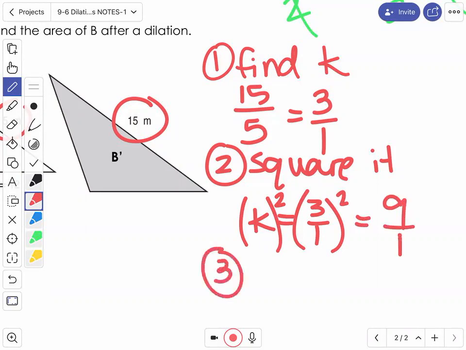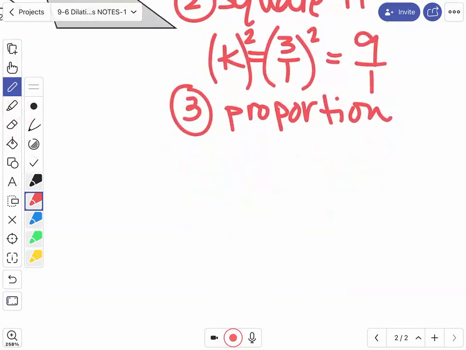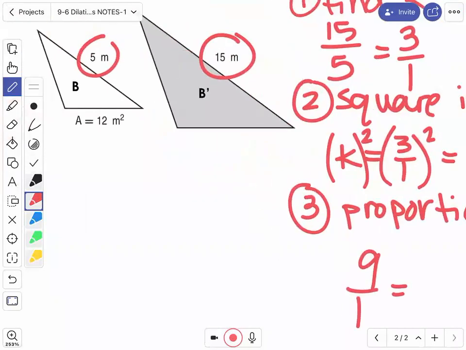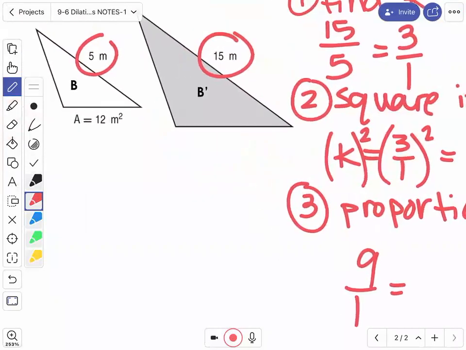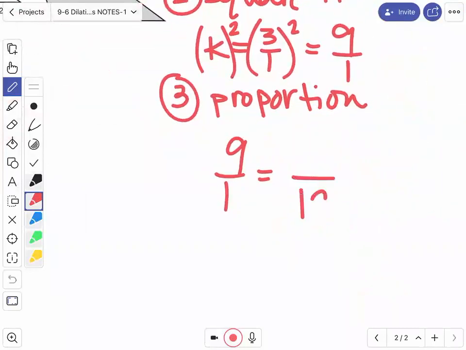And then our last thing is to write the proportion and solve. So we start with our scale factor, 9 over 1. They told us in the figure that the original was 12, which goes on the bottom. And I need the new area.